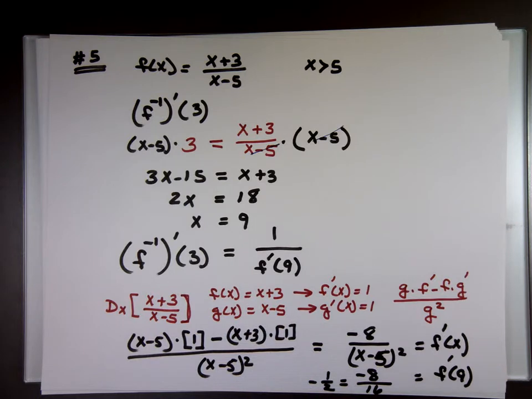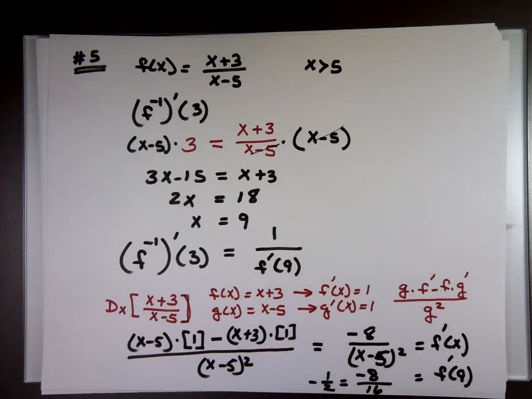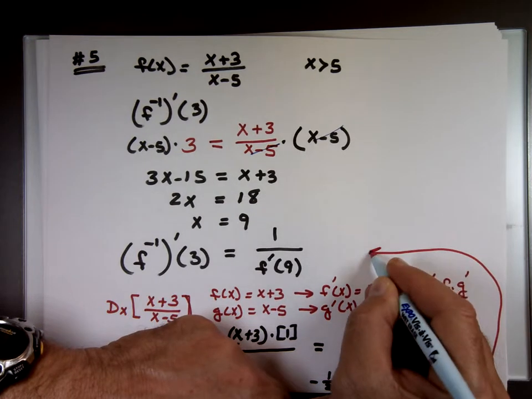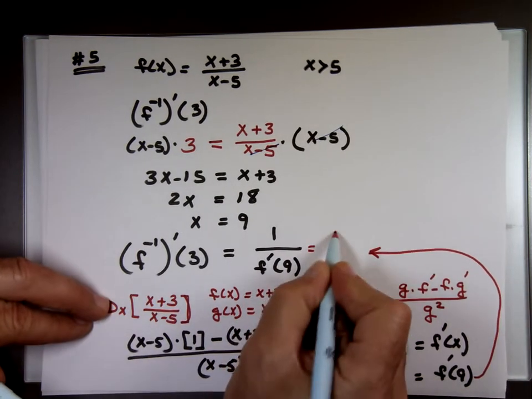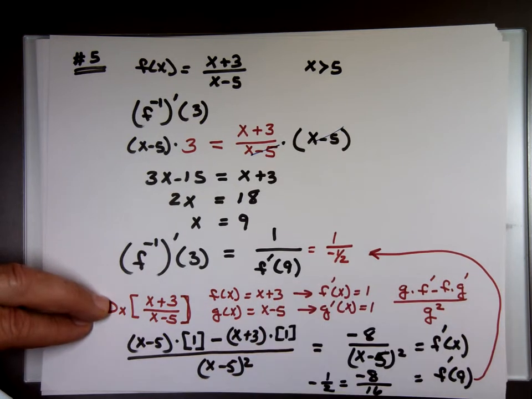Once you have that, come back right here now. Come back from here, back to this one, and it's going to equal 1 over negative 1/2. And what's the answer? Is that negative 2?